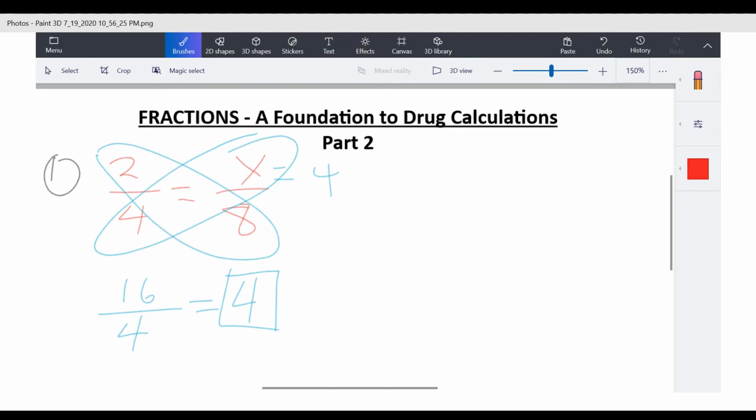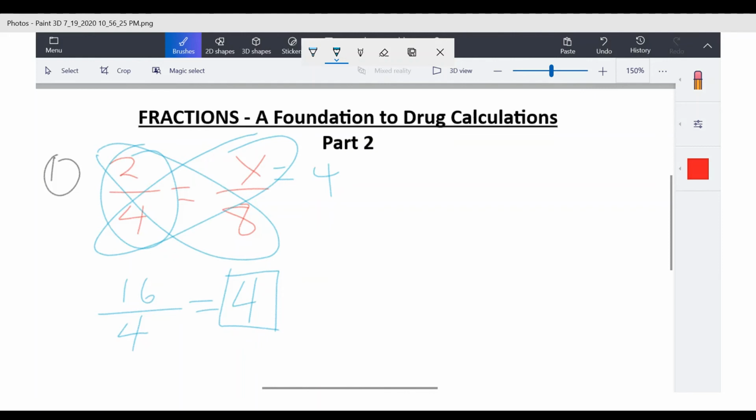Technically, if you simplify this, you get 1/2, which is the same as 2/4. So that's your answer to 1.